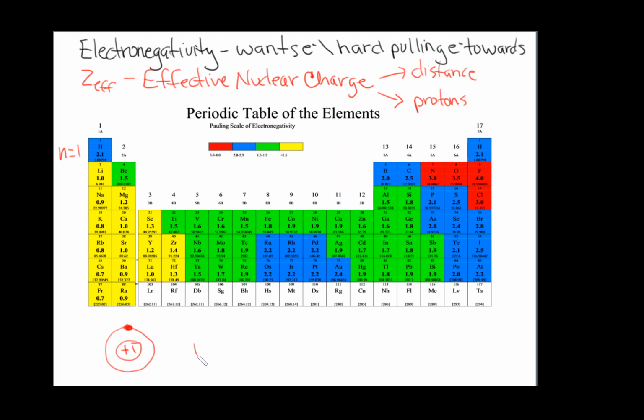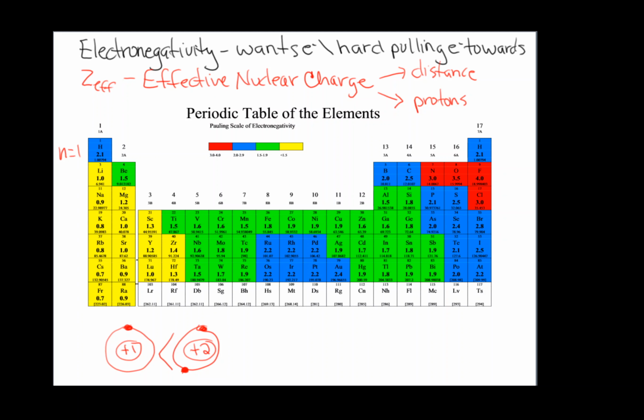Well, helium has two protons in its nucleus, and it is pulling on two electrons, but if you'll notice, it's the same distance away, but this one has two protons pulling, and this one only has one, so it has the higher effective nuclear charge because it has the most protons at the smallest distance.